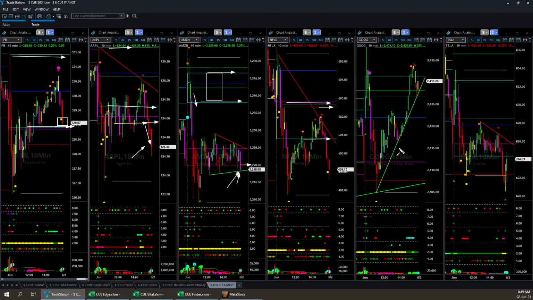Google went up. For a few weeks now, Google had been stronger. Facebook also had been relatively stronger. And Tesla closed below previous day's close but above previous day's low. So it was in between Facebook, Google, and Apple, Amazon.